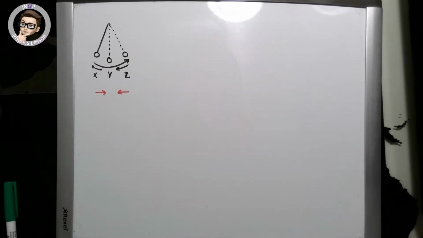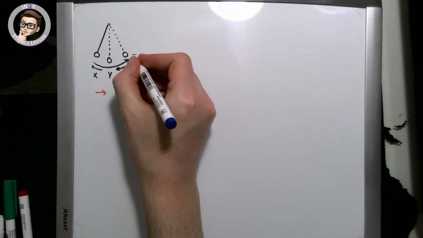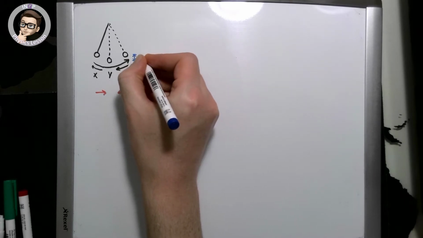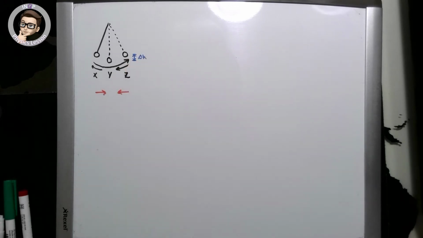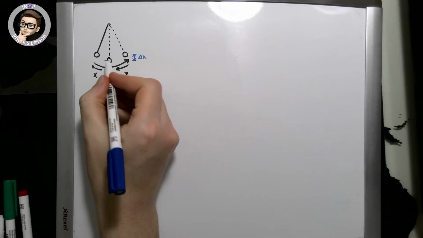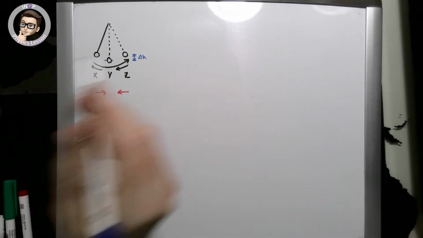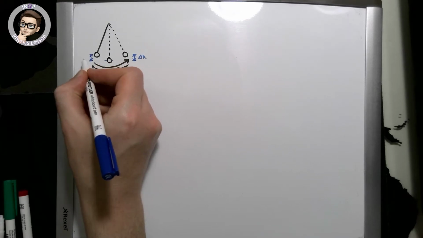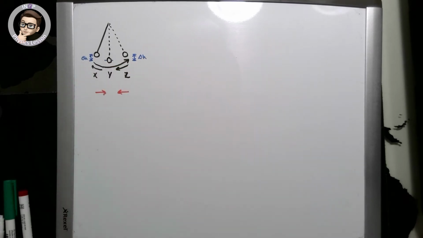So let's look at the energy. Now, if we consider that this point here is a height delta H above the zero, which we'll consider this point at the middle of Y, and we can say the same about this end, then because we know we're gaining height, we know there is gravitational potential energy.